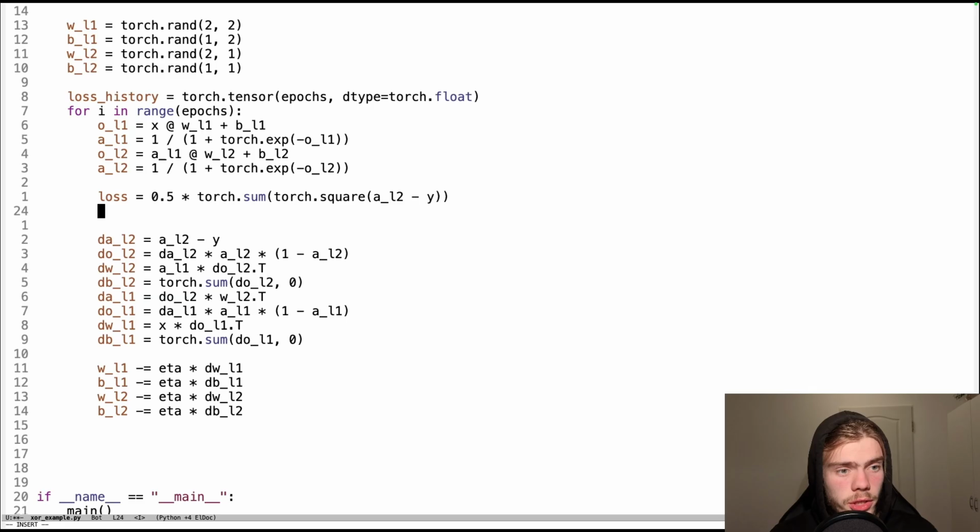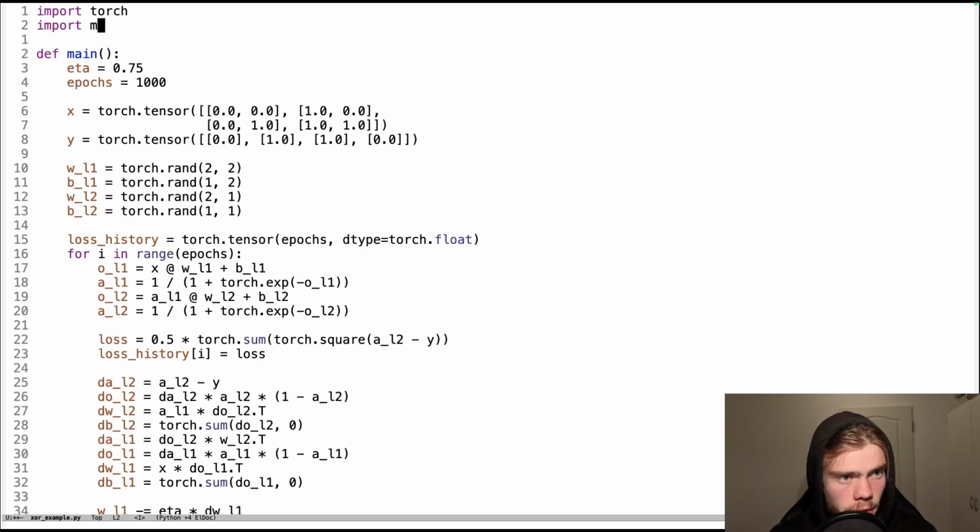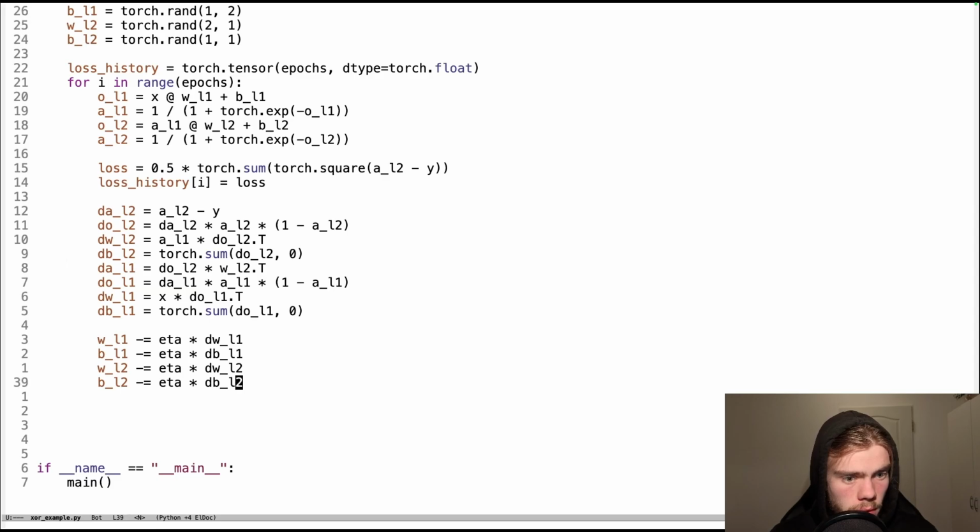And of course, in each iteration, we now want to set the loss history at the index i to the loss. And we want to plot that loss, so a quick matplotlib import, matplotlib.pyplot as plt. And in the very end, we say plt.plot loss history.